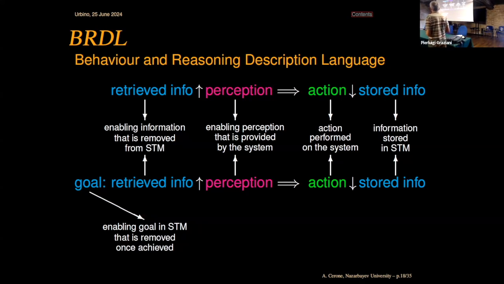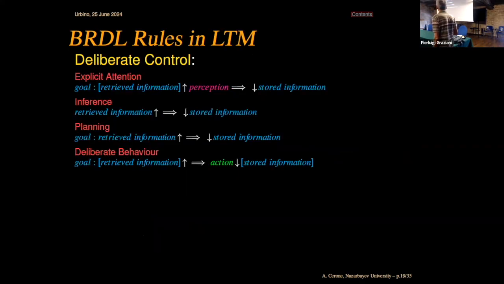Or you might also do some deduction, and then you already process and transfer this processed information in short-term memory. So you can describe attention, you can describe action. So these kinds of rules are very flexible. You can describe inferences, for example: if you don't have any perception, no action, basically you just transform this information into something else.